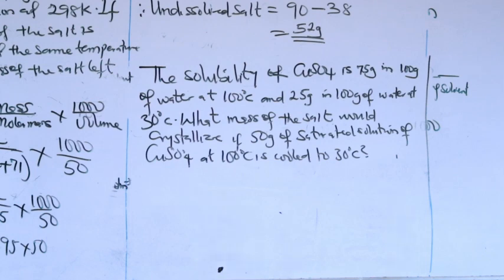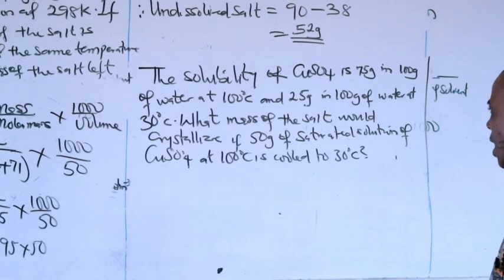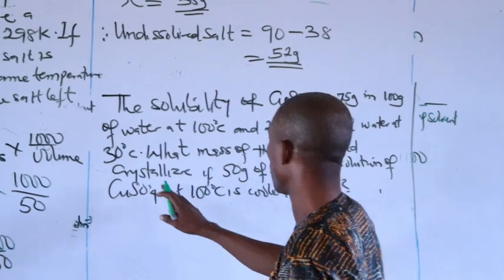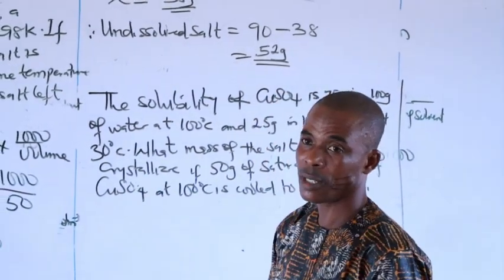The solubility of copper 2 tetraoxosulphate VI is 75 gram in 100 gram of water at 100 degrees centigrade and 25 gram in 100 gram of water at 30 degrees centigrade. What mass of the salt will crystallize if 50 gram of saturated solution of copper 2 tetraoxosulphate VI at 100 degrees centigrade is cooled to 30 degrees centigrade?